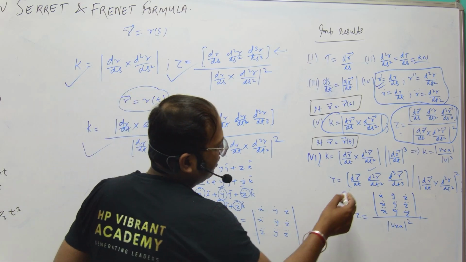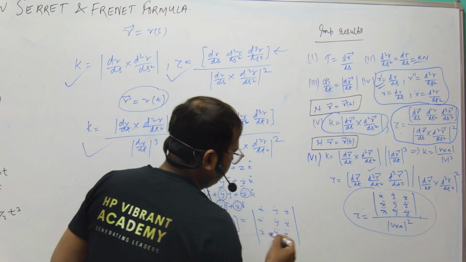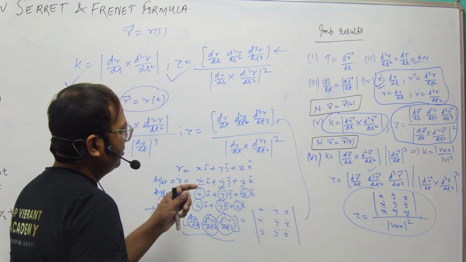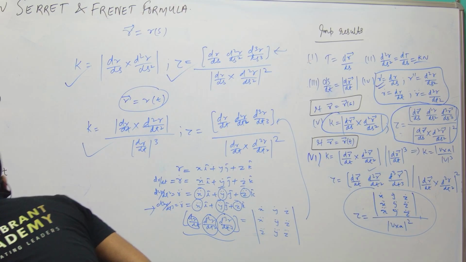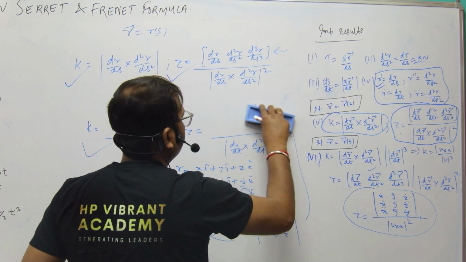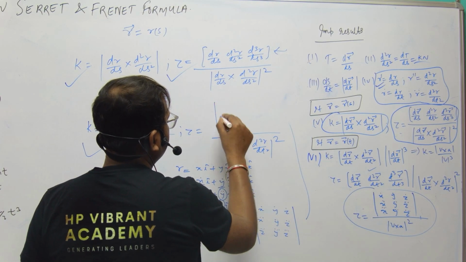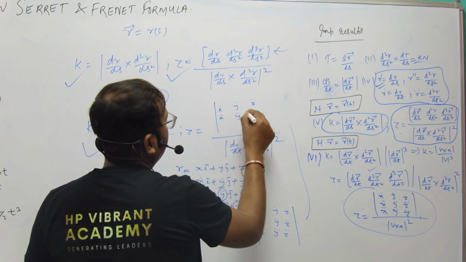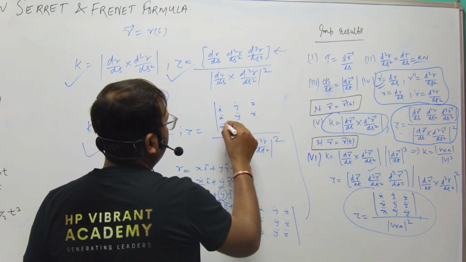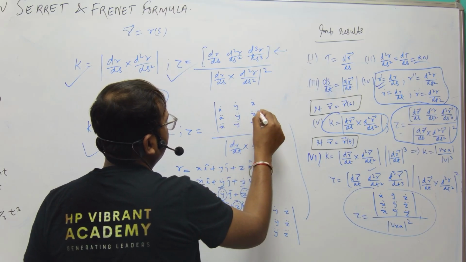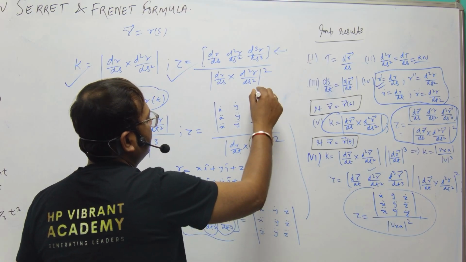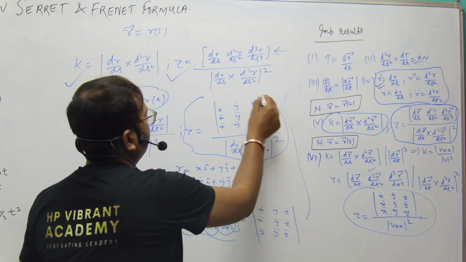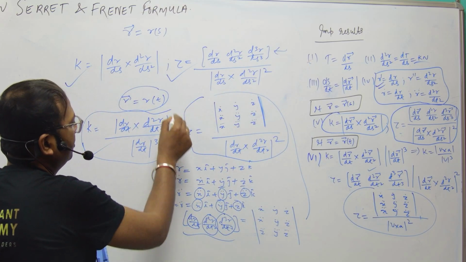We can write this in determinant form: x dot, y dot, z dot; x double dot, y double dot, z double dot; x triple dot, y triple dot, z triple dot. This is the expression for torsion.